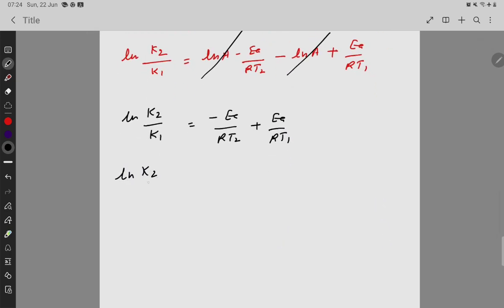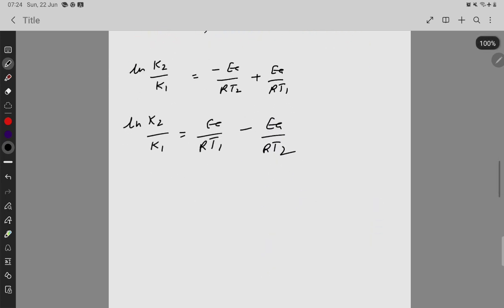So ln k2 upon k1 is Ea upon RT1 minus Ea upon RT2. Take the common factor, student. So ln k2 upon k1 is equal to Ea upon R, which is common, times 1 upon T1 minus 1 upon T2.